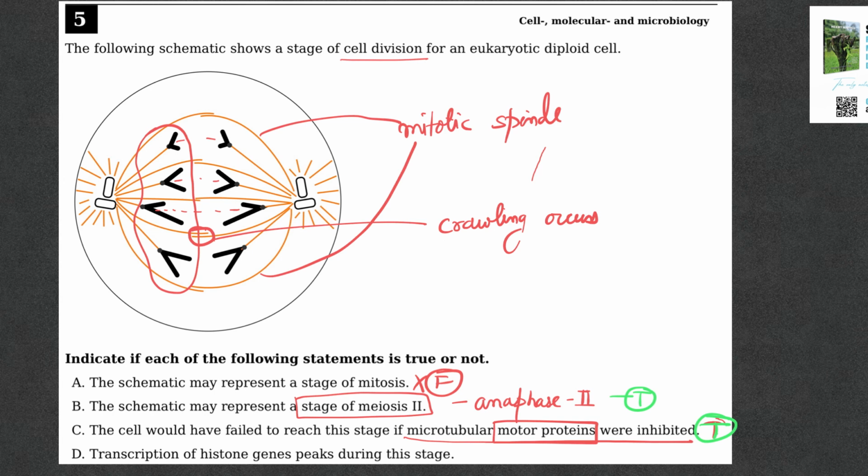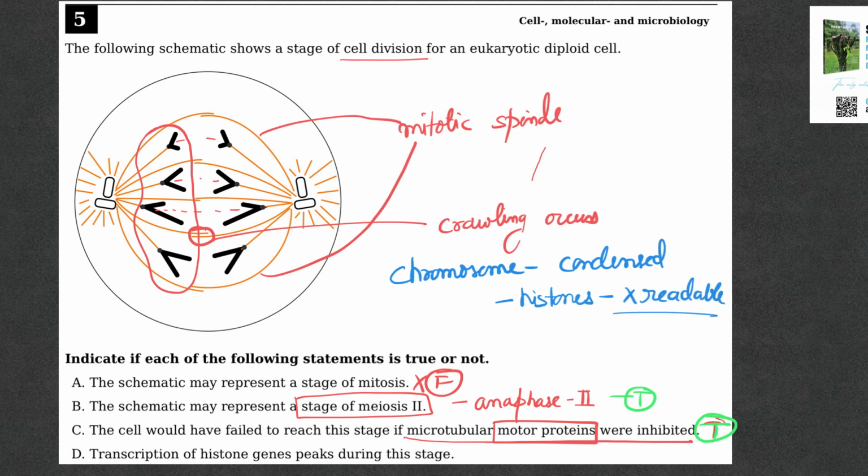Transcription of histone genes peaks during this stage. I'd like to remind you that right now we are in the cell division phase, and hence the chromosomes are in an extremely condensed state. Condensed state means they are coiled and supercoiled. They are huddled with histones, which makes them not readable.